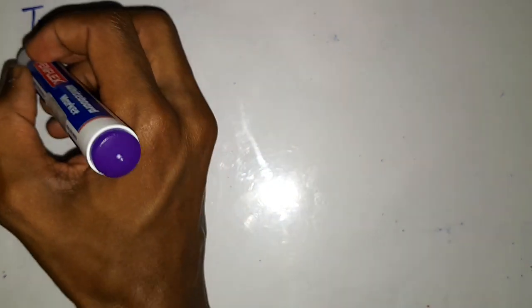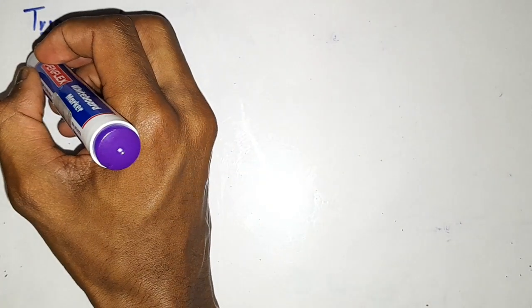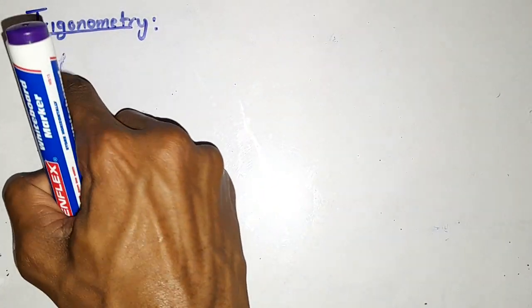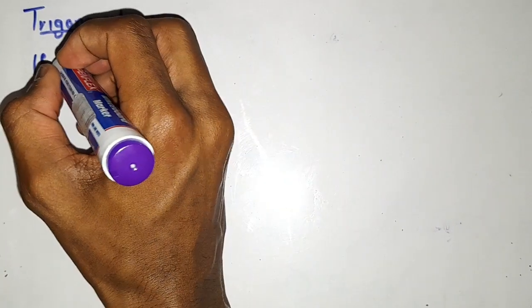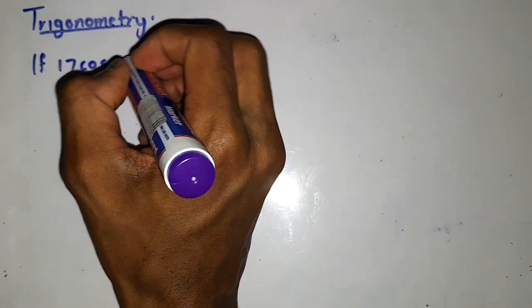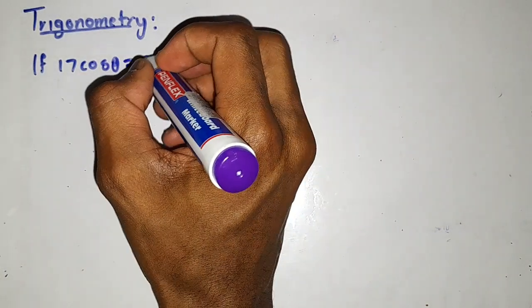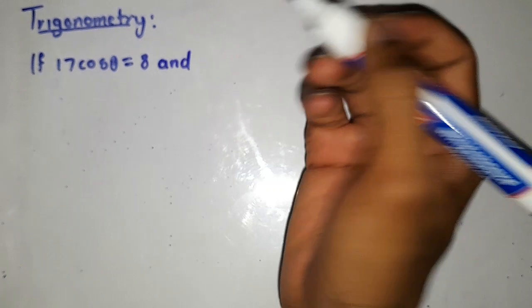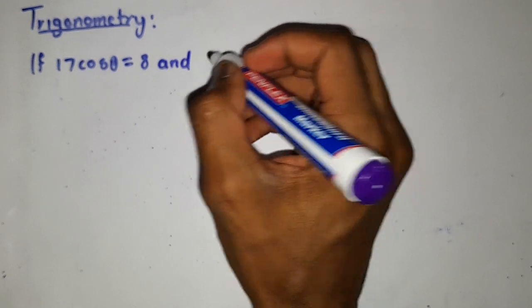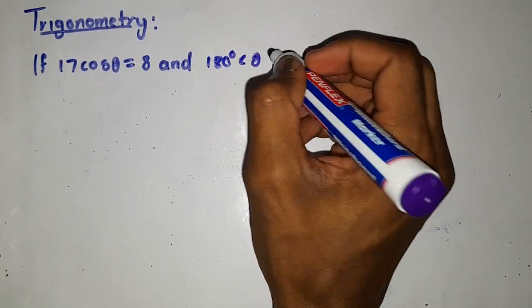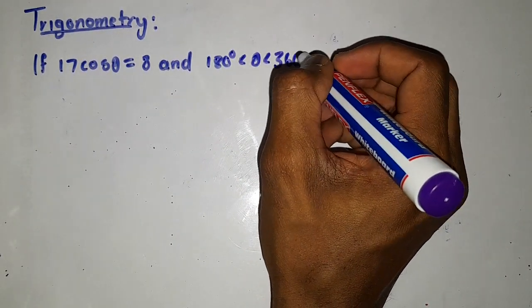Suppose, let's say, we have a case whereby 17 cos theta is equal to 8, and they also gave us an inequality of, let's say, 180 degrees and 360 degrees.